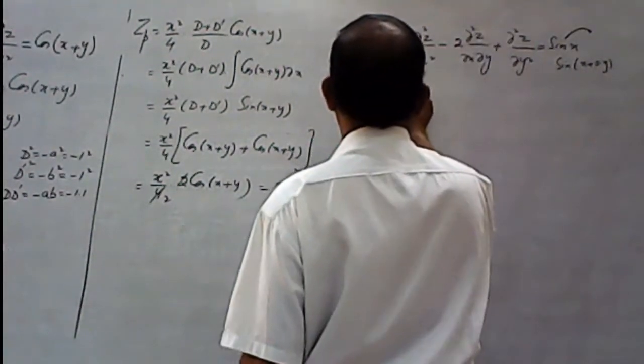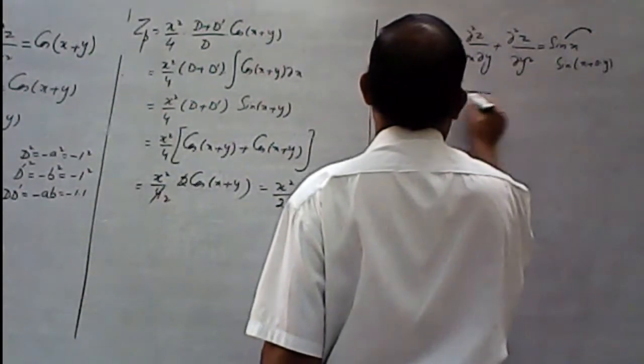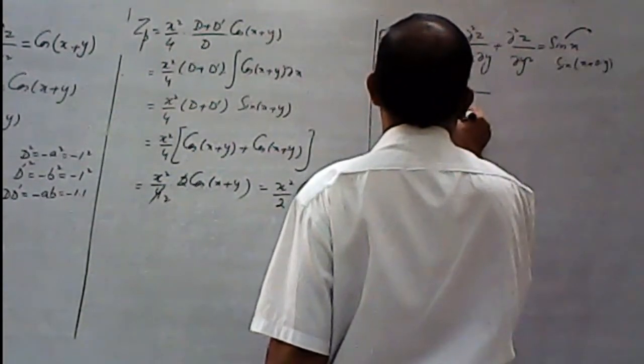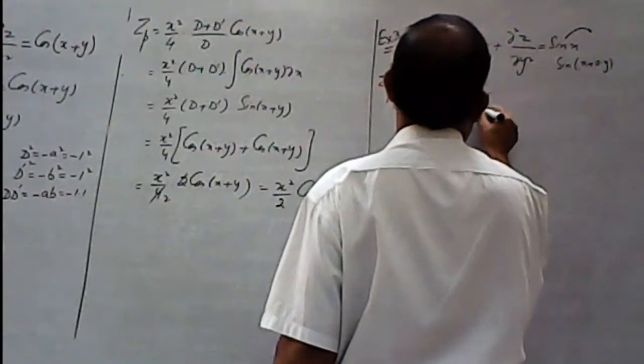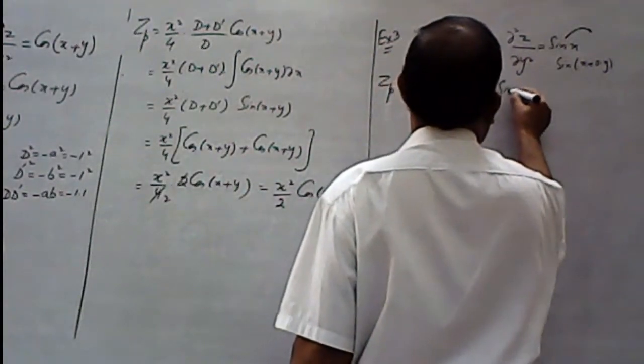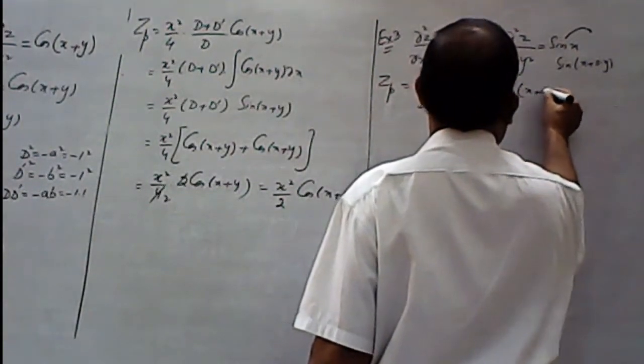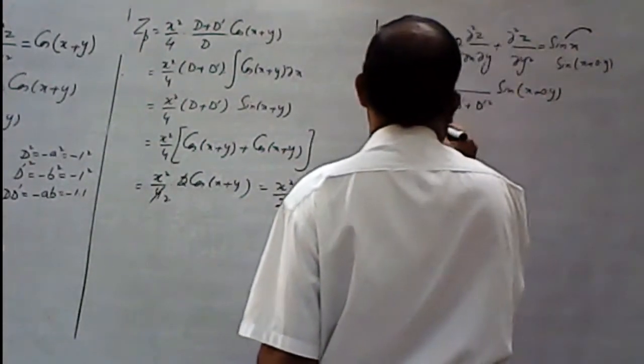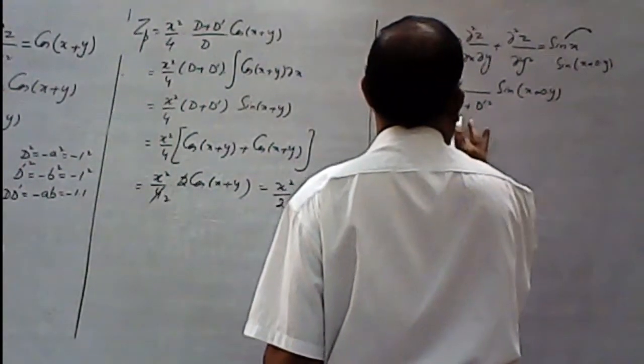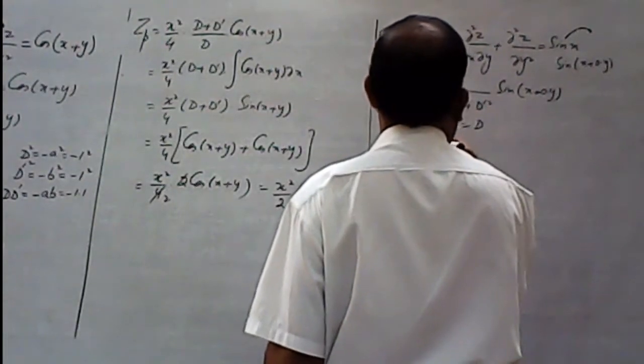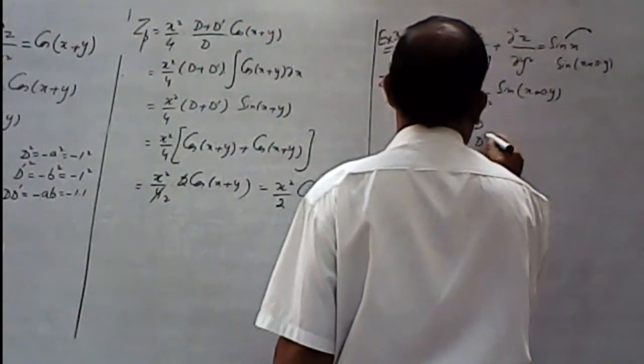So for Zp, this is equal to 1 upon D square minus 2DD dash plus D dash square, and this is sine x plus 0y. So where a is equal to 1 and b is equal to 0.